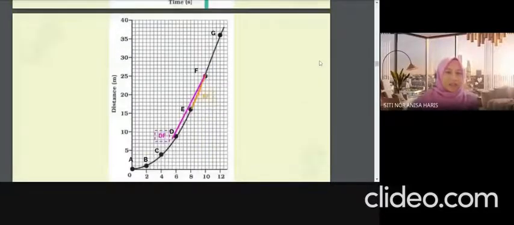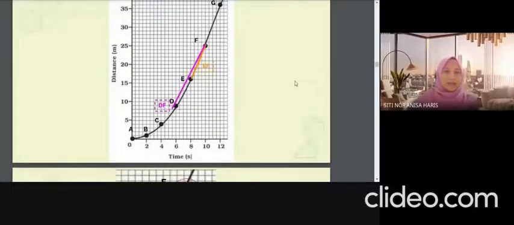Okay, here we have so many points on the curve. But to get the most accurate value, we need to identify the point that has the closest secant to the point F. To identify the closest one, we need to calculate and compare the value of h. Class, what is h? You still remember, right?